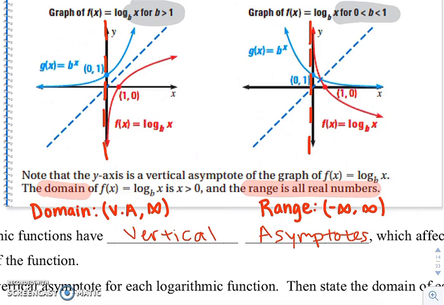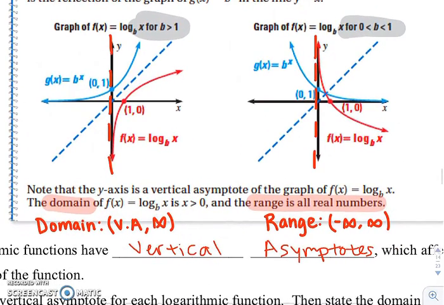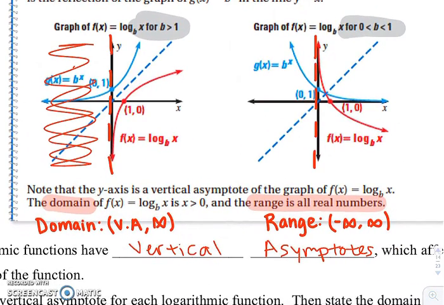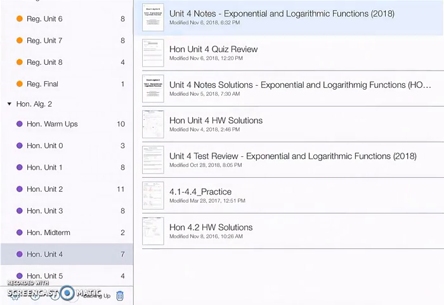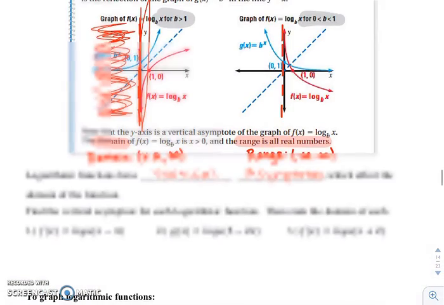The domain is going to be from the vertical asymptote to the right. There's never going to be anything on the left-hand side of that vertical asymptote, so you should never have points on the left side of it. The domain always starts at that vertical asymptote and goes to the right.